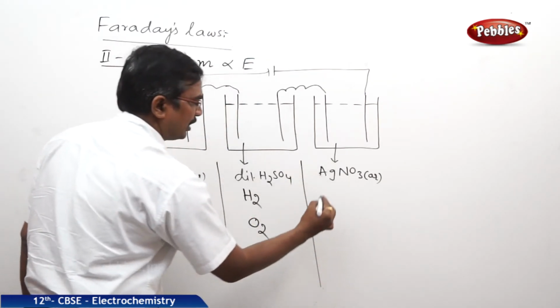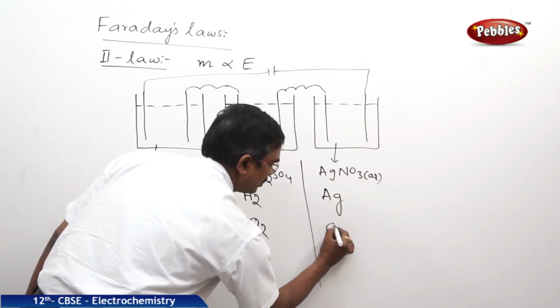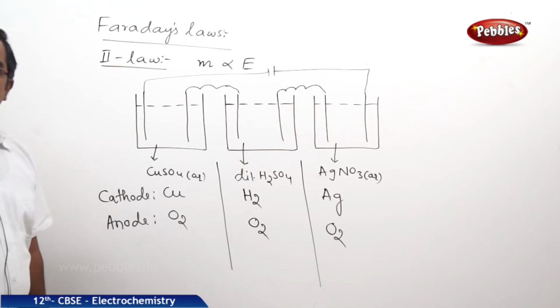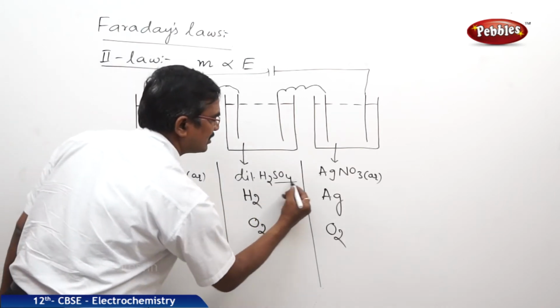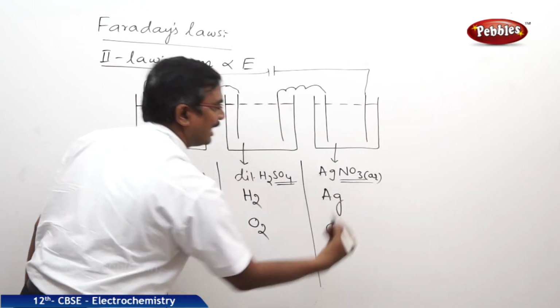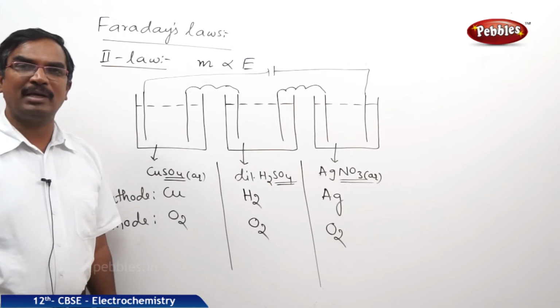Third case, the cathodic product is silver, the anodic product is oxygen. That means in the respective cases we have sulfate here, sulfate here also, and nitrate as the anions. So these are multi-atomic ions.